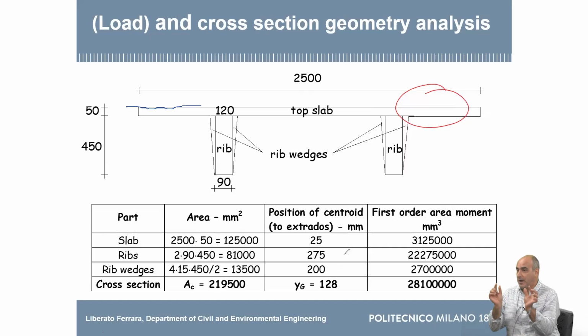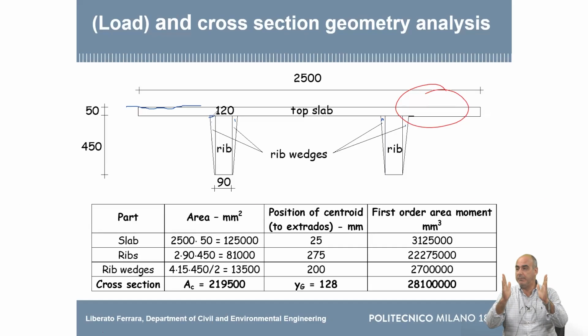And then you have the triangles, these small wedges. This is 4, because you have 1, 2, 3, 4, times 15. 15 is this.